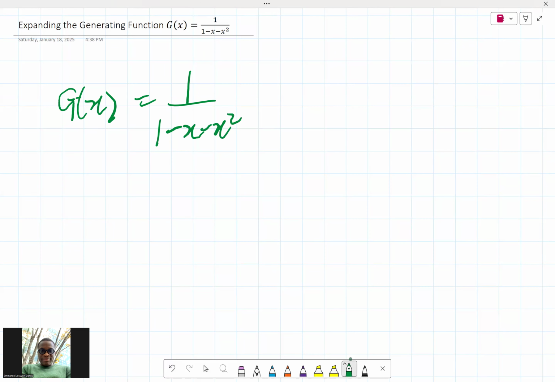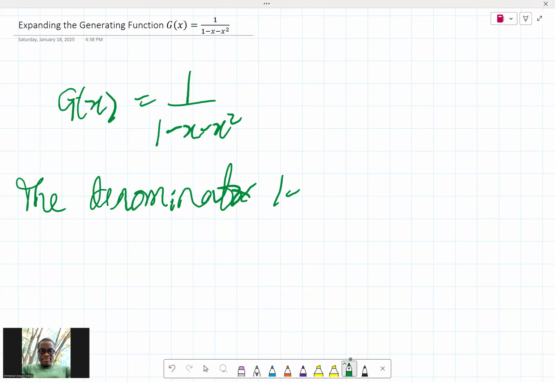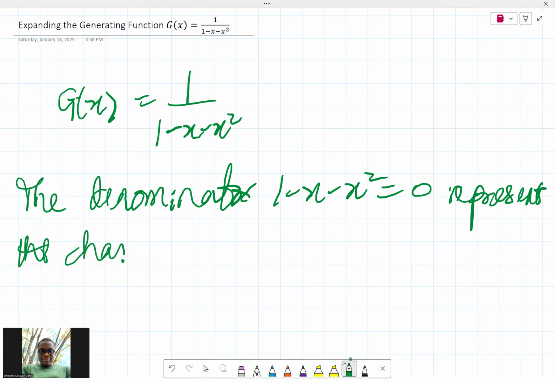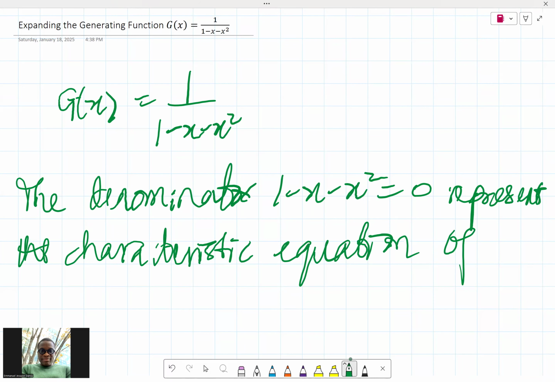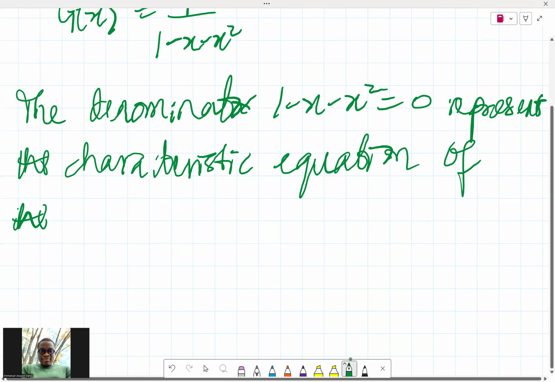So we need to understand the sequence this is coming from. One way to do that is this. The denominator, 1 minus x squared equals 0, represents the characteristic equation of the recurrence relation.